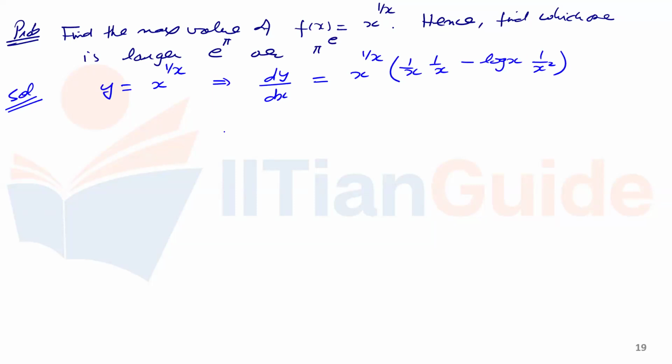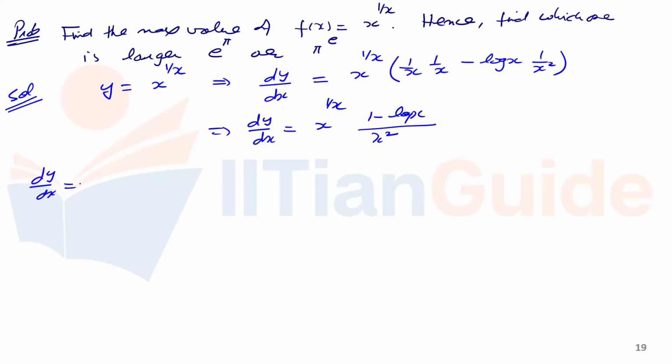So I am writing dy/dx is x^(1/x), and in the numerator, if I simplify, I get (1 − log x) divided by x². Now dy/dx is 0.